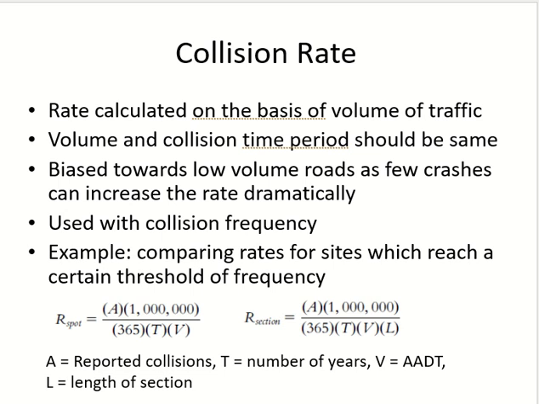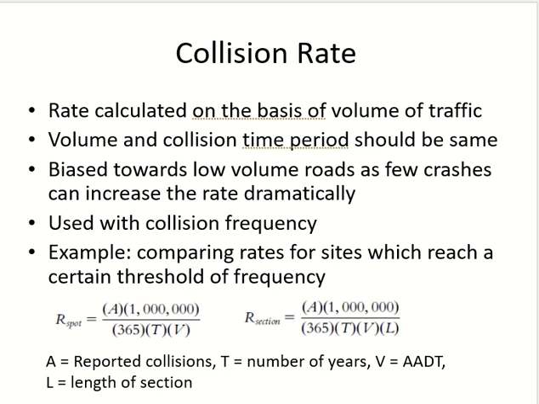So how do we calculate the crash rate? This is the equation given here. A is the number of accidents you have. T is the number of years for which the accidents are collected, and V is the volume. Okay, and 365 is 365, right?